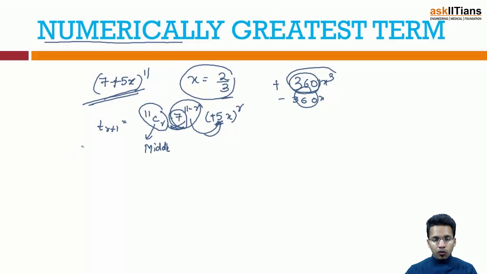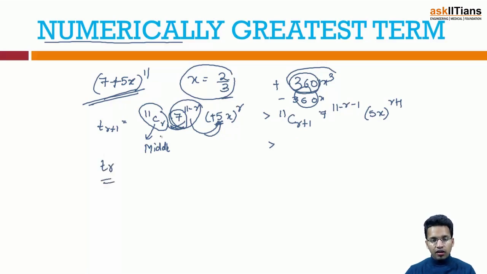So what I'm going to do here is this is t(r+1), so I'll say this is greater than t(r+2). In t(r+2) it will be 11C(r+1), 7 raised to power 11 minus r minus 1, 5x raised to power r+1, and this is also greater than 11Cr.